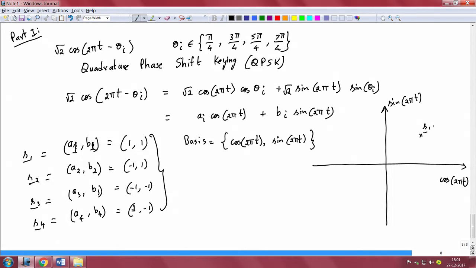We have S1 equal to 1 comma 1, S2 is minus 1 comma 1, S3 is minus 1 comma minus 1, and S4 is 1 comma minus 1. So, this represents the signal space that we have, and the 4 signals S1, S2, S3, S4 are represented as points in this particular signal space.